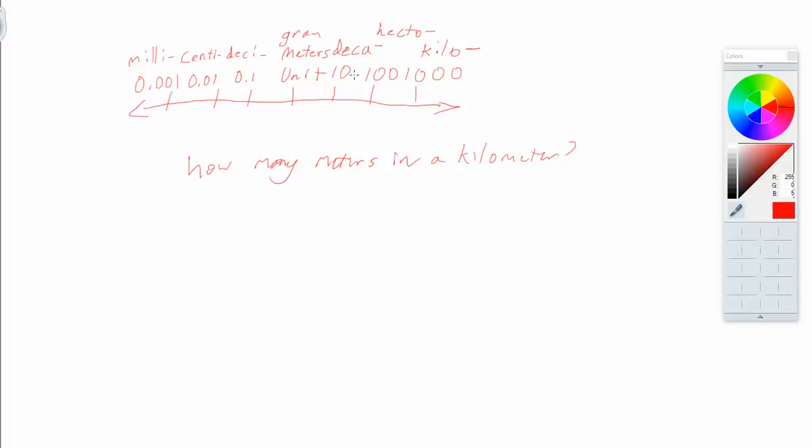Well, as you can see, there's 1 meter, and then here there's 1,000. So that means there's 1,000 meters per 1 kilometer. Okay?